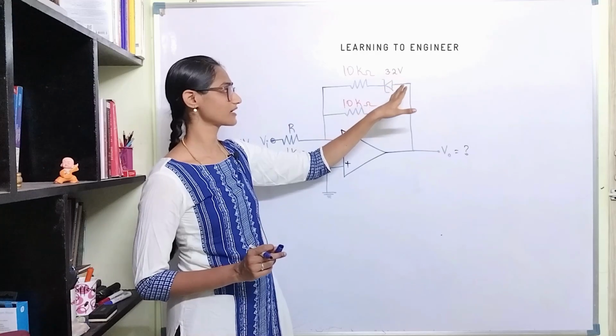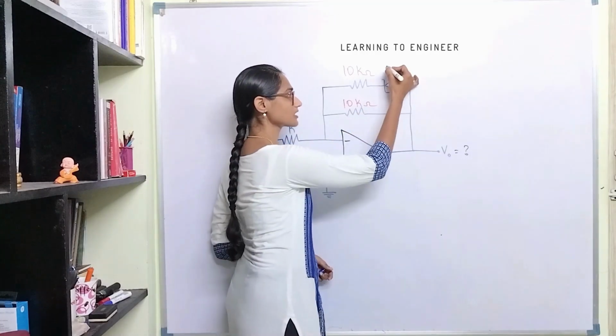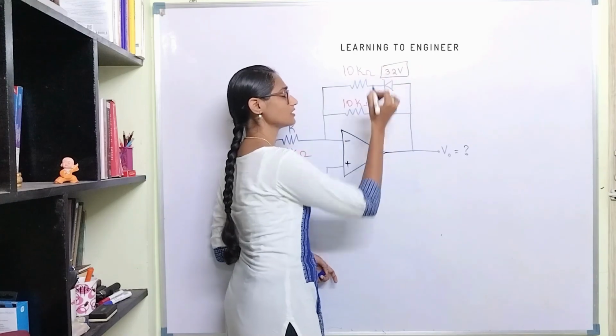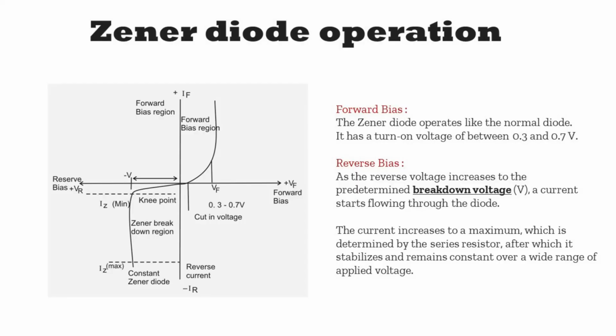This is an ideal Zener diode as given in the question, and you are given this breakdown voltage of a Zener diode. This is the voltage at which the reverse bias mode of the Zener diode will start conducting to a very maximum level.